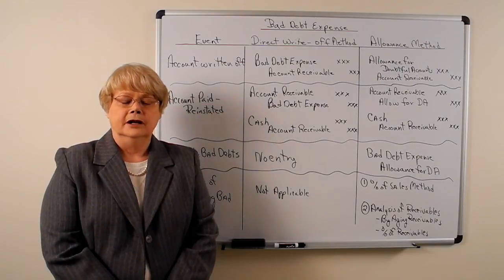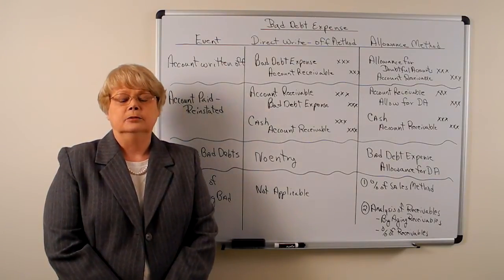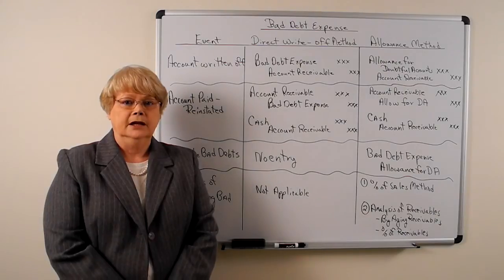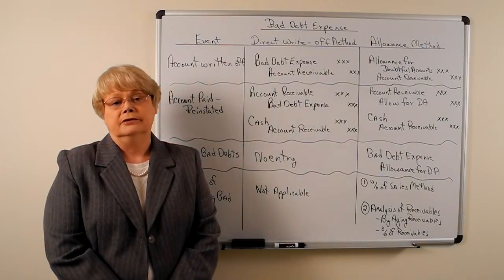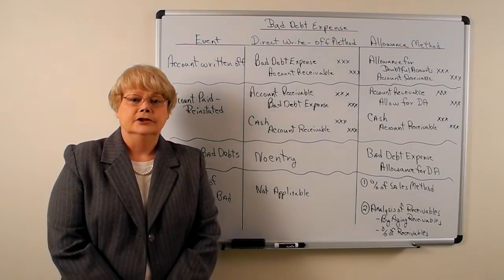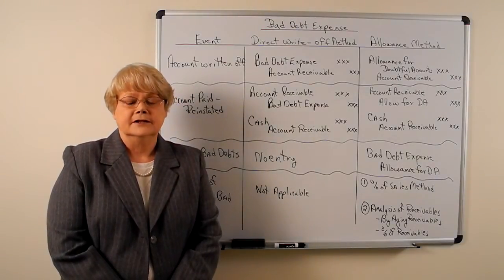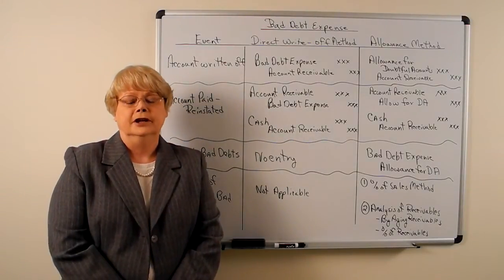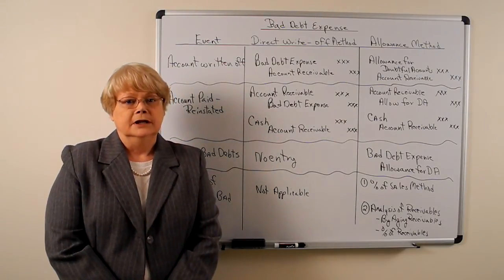Sometimes, however, it's going to take a while to determine that the account is not collectible because we're going to do everything that we can in order to collect it, which means that we might even go into another accounting period before we actually collect the debt or decide to write it off. Since this is true, this is violating our matching theory under accounting and does not meet generally accepted accounting principles.